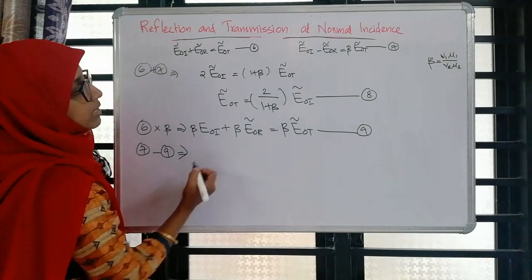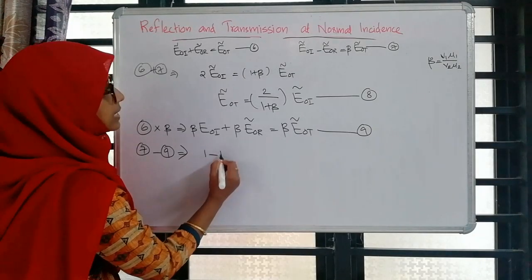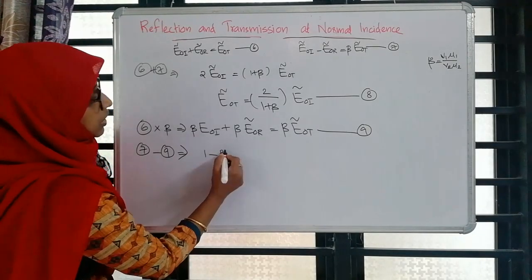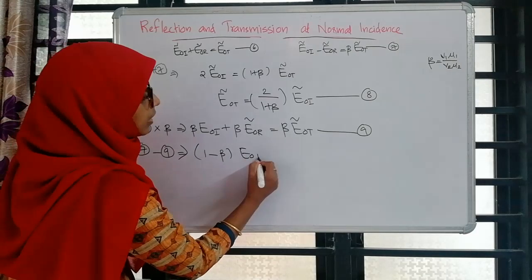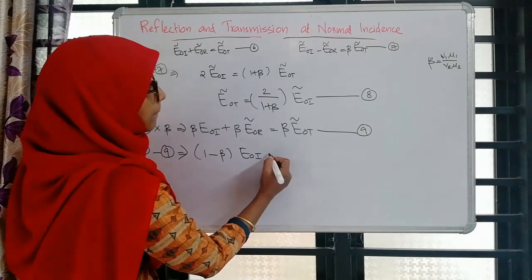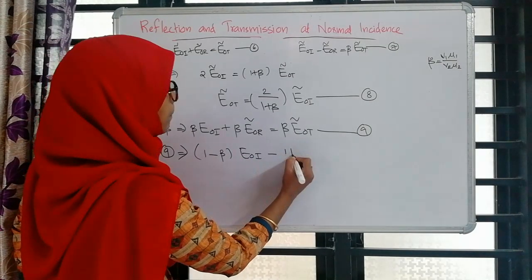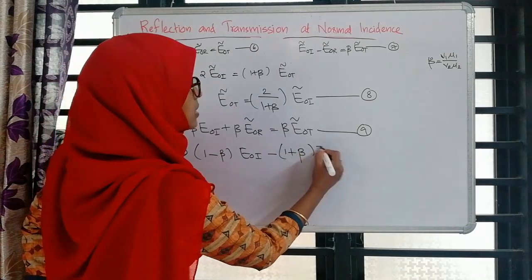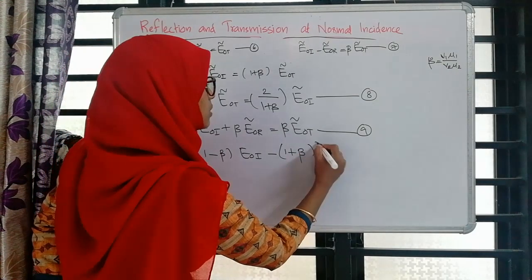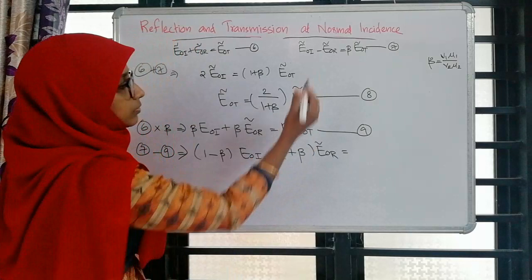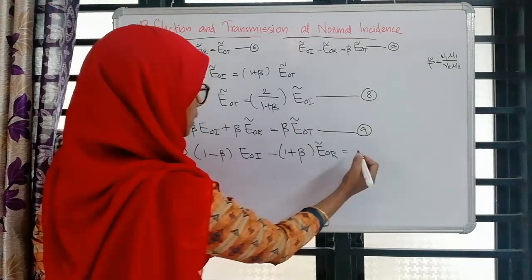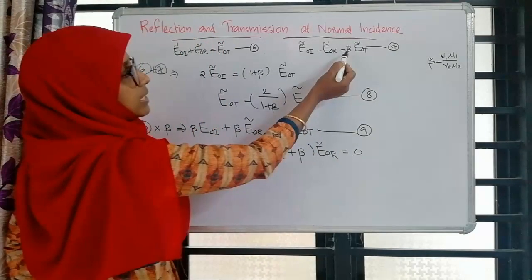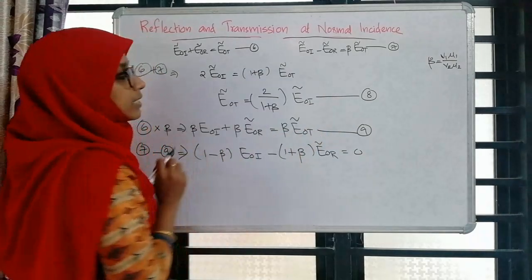That is 7 minus 9, which implies (1 minus beta) E0I minus (1 plus beta) E0R is equal to 0, since it is beta E0t minus beta E0t.